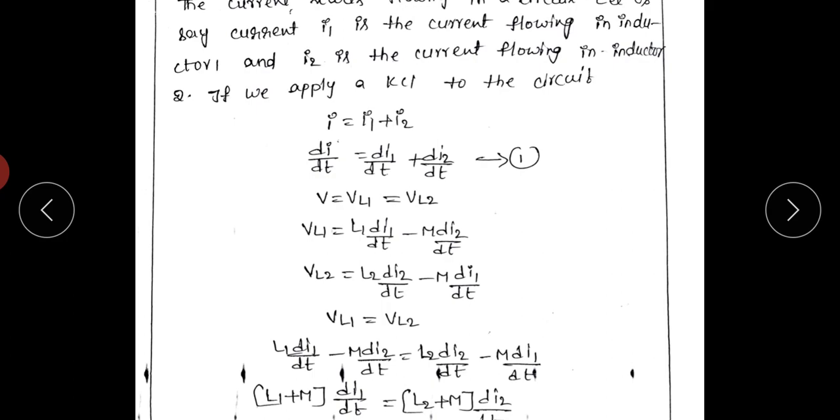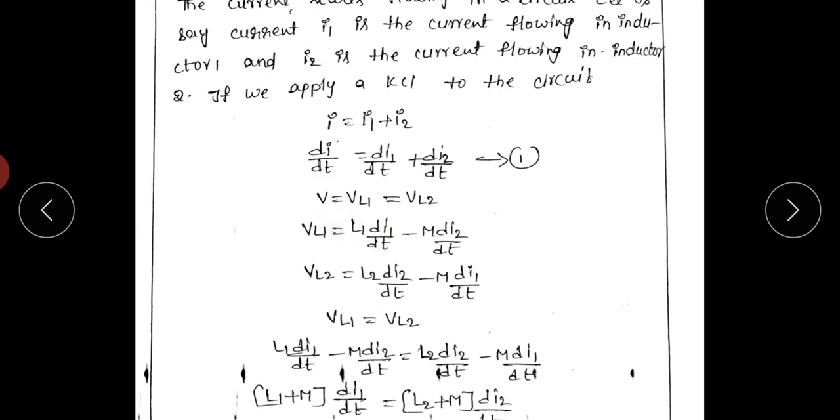In parallel opposing connection, both are generated in opposite directions, so the resultant EMF value decreases. So VL1 equals L1 into di1 by dt minus M into di2 by dt. Similarly, VL2 equals L2 into di2 by dt minus M into di1 by dt.